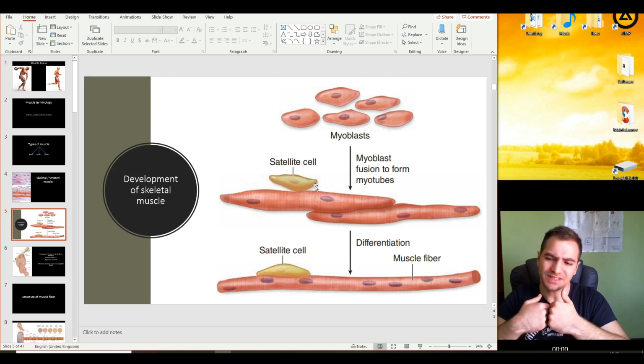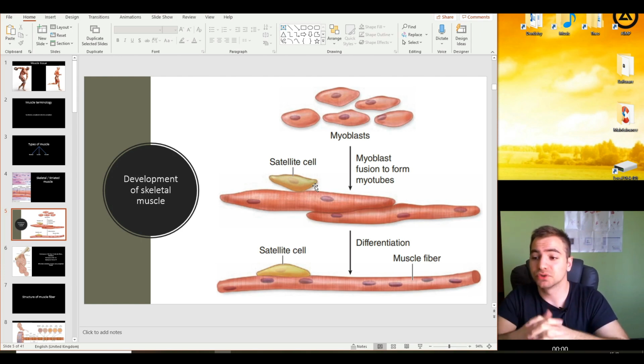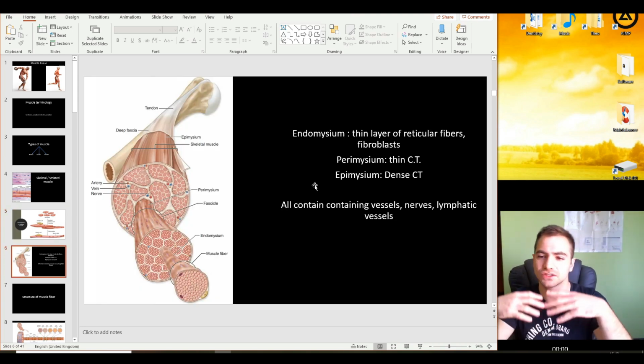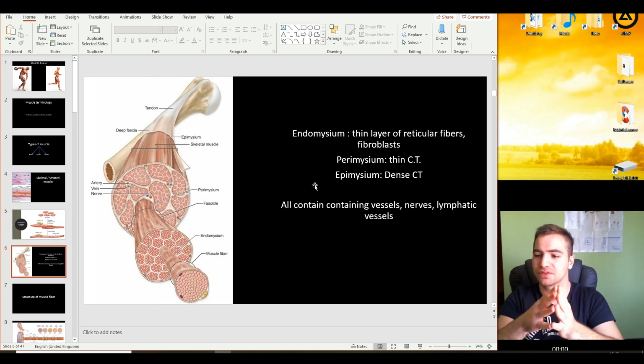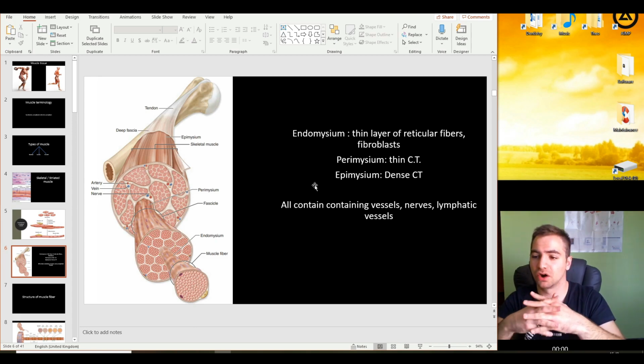Satellite cells are not highly functional in the adult human body, but sometimes they can actually restore the function, again not fully.